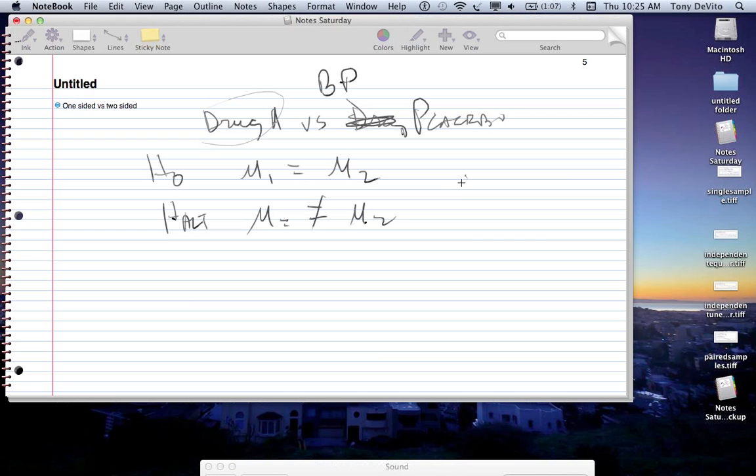Okay, and I'm going to say my alpha error, I'm willing to accept an error of 0.05. Let's take a look at the distribution of possible sample results I might get here. Here's the difference in the blood pressure, let's say. Here's my possible distribution.